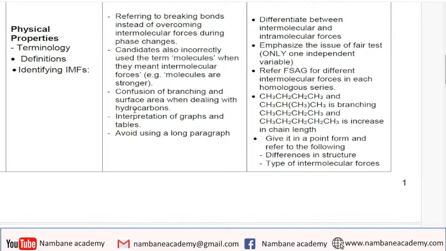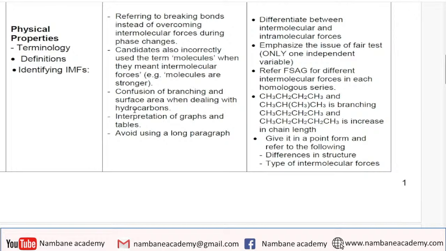And then, in many cases this question will come in the form of an investigative question, because many times learners are required to compare physical properties. Your physical property in that instance will be the dependent variable. Your independent variable will be those things that affect the strength of intermolecular forces: the type of functional group or type of intermolecular forces, chain length or branching.